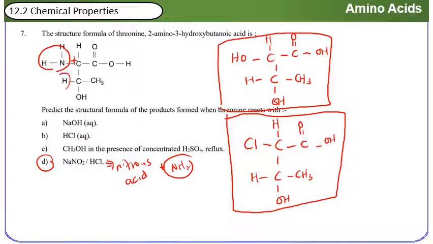Then we remove this hydrogen to form the double bond. So the third structure will be CH, double bond, CH3 OH, connected with the C double bond O OH. This is the third structure that will be formed.